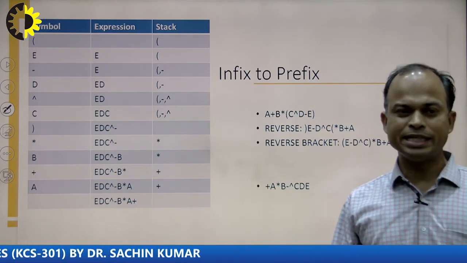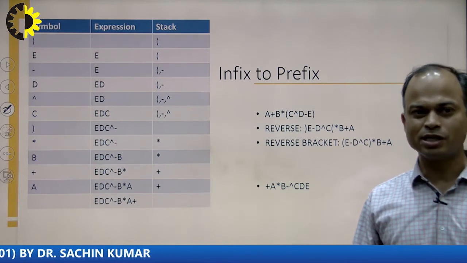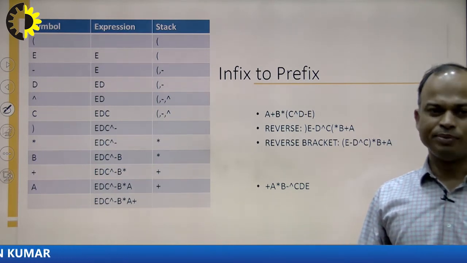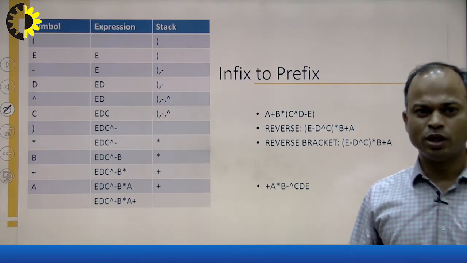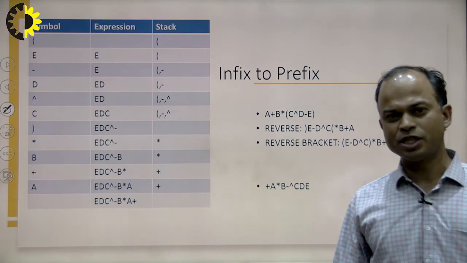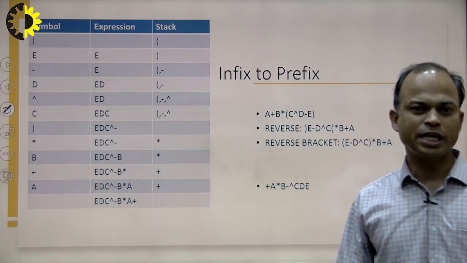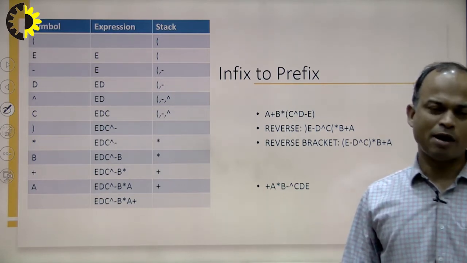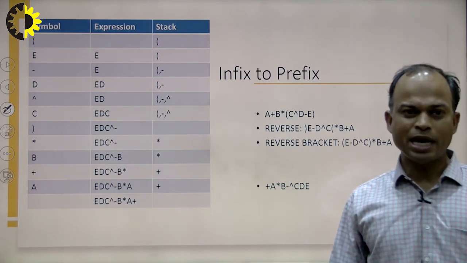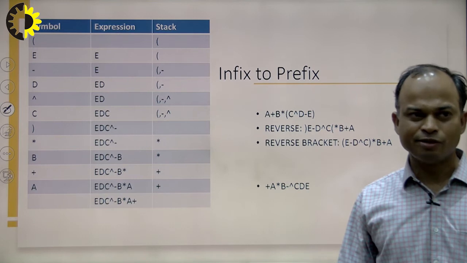The first rule is that we have to take the reverse of this string, and after reversing this string we have to reverse our brackets. After reversing the brackets we have the string open parenthesis E minus D power C multiply B plus A. And now we have to work on this reversed string.